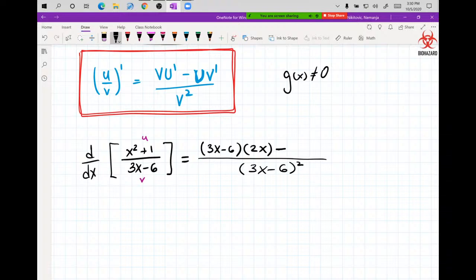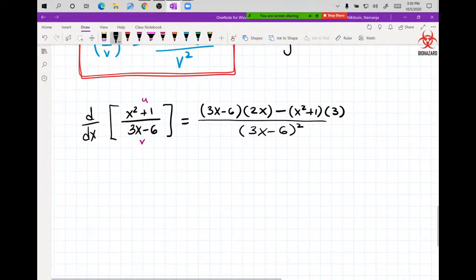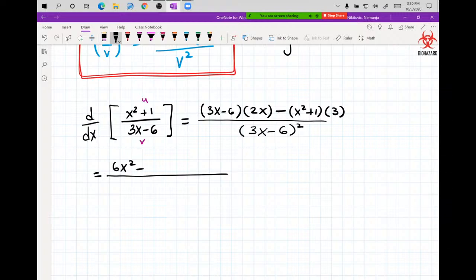Then we have minus, copy the top, that's x squared plus 1, and the derivative of the bottom, the derivative of v, is just 3. Now we simplify this. We have 6x squared minus 12x, and then we have minus 3x squared and minus 3, divided by (3x minus 6) everything squared.